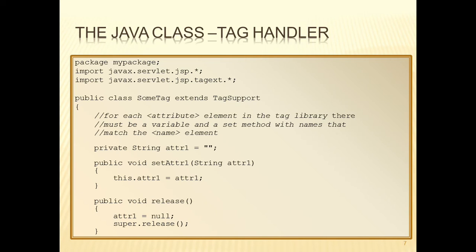And it will allow us then to override some of the lifecycle methods and put in our own code so that it will then do what we want it to do at the appropriate points in the execution of that tag. For each attribute that is defined in the XML file, in the tag library descriptor, we will need to have a variable that matches the attribute. In addition, we'll need a set method for that attribute.